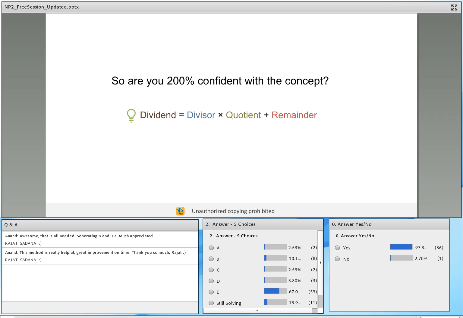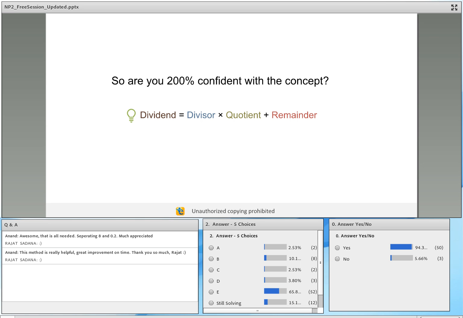But before I do that, I want to ask this question. I'm going to reset my yes/no poll at the bottom right hand corner. Are you 100% or 200% confident with this concept that dividend is divisor times quotient plus remainder? 90% of you seem to be. That's really good, I'm really happy.